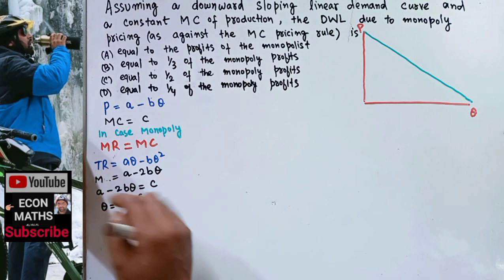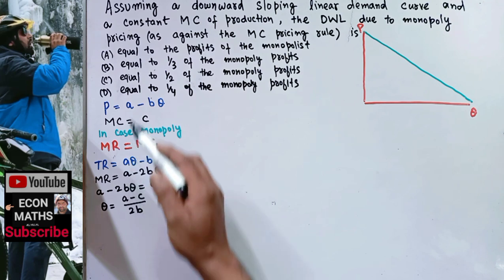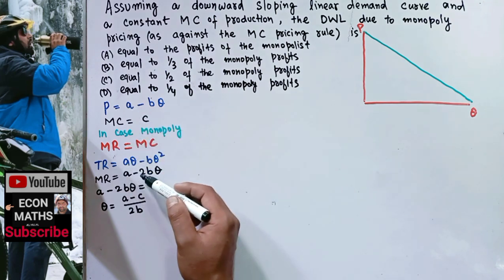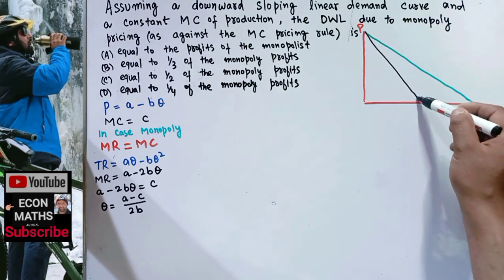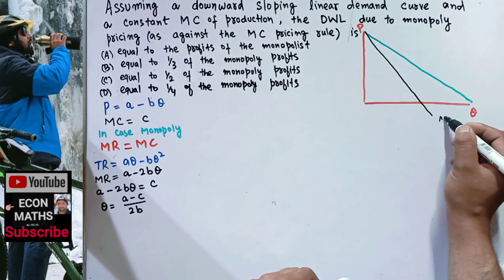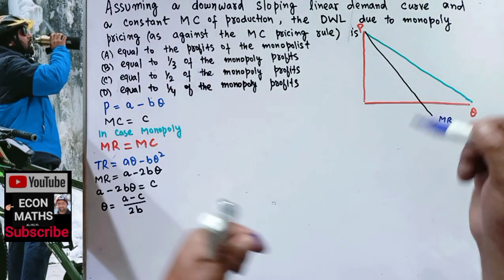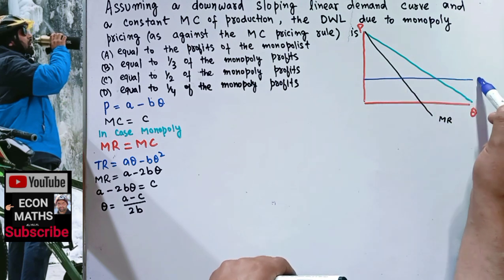Sorry for this mistake. The marginal revenue has the same intercept a but twice the slope. So let's draw the marginal revenue curve like this. It is our MR curve. Marginal cost is constant, which is c. Let us draw it here. Let us say this is our marginal cost curve.